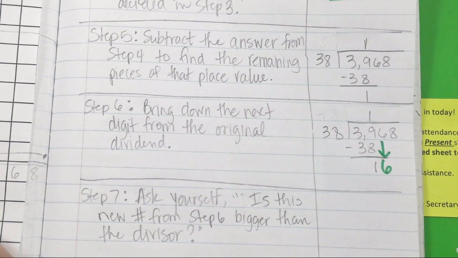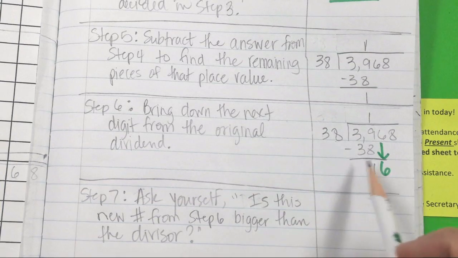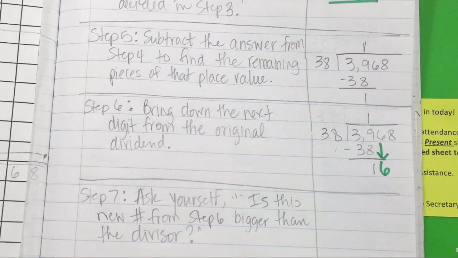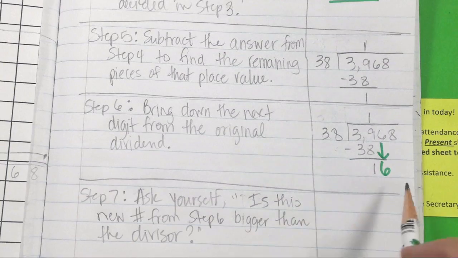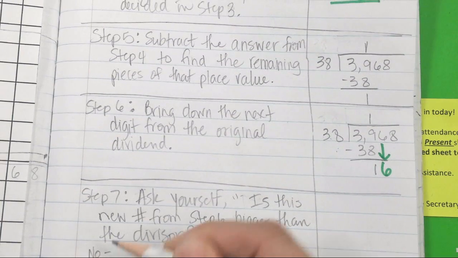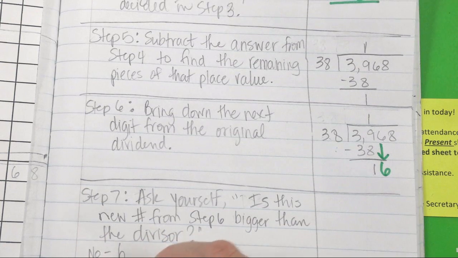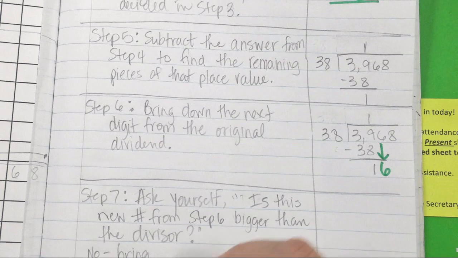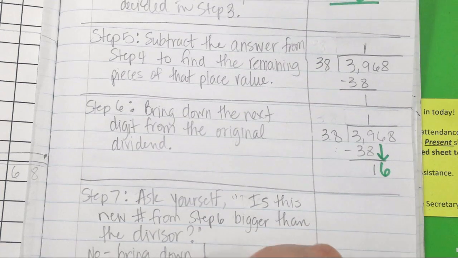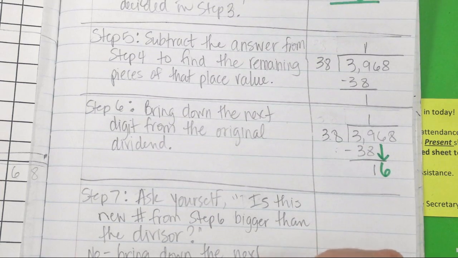Okay, so I have to ask myself, is this new number from step 6 bigger than the divisor? Is 16 bigger than the divisor? No. If it's no, you're going to bring down the next place value.